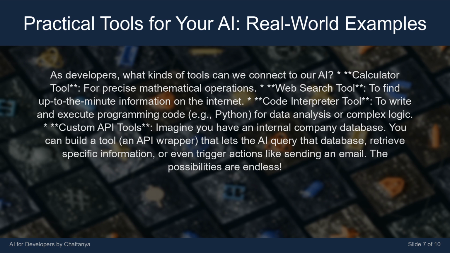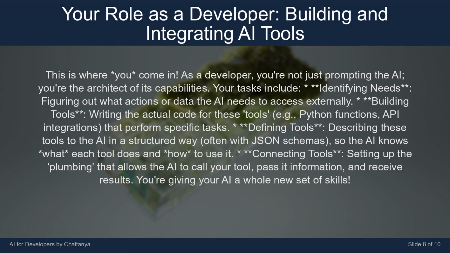Custom API tools. Imagine you have an internal company database. You can build a tool, an API wrapper, that lets the AI query that database, retrieve specific information, or even trigger actions like sending an email. The possibilities are endless.